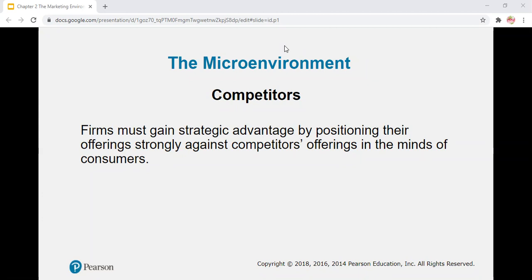So the first thing to do is to think about your competitor, to position yourself in this competition as having the best product compared to the other competitors, and to have this position in the mind of your consumers.